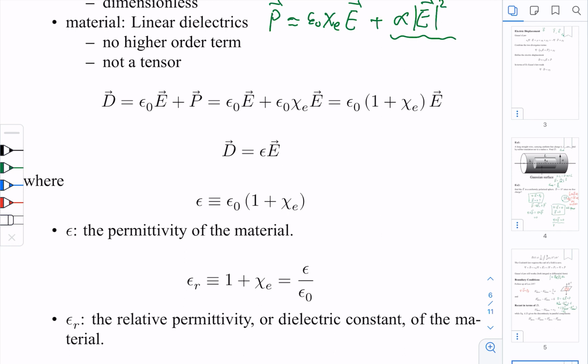In the homeworks, I express many things in terms of this dielectric constant. And as you can see, because the chi E, the susceptibility of the material, is a constant that is dimensionless, this one is also dimensionless.